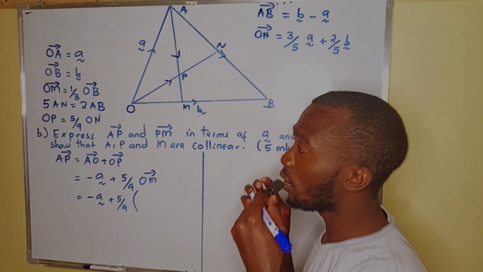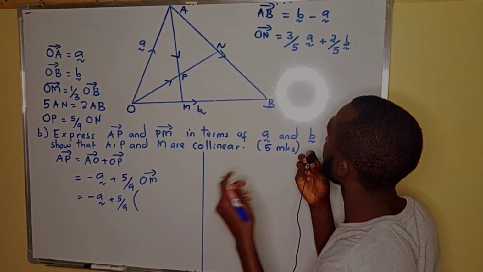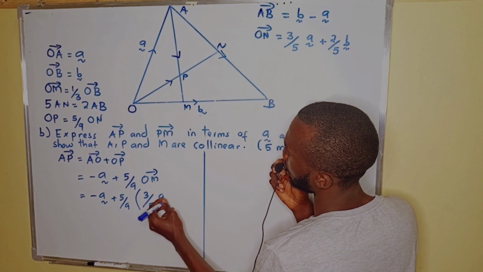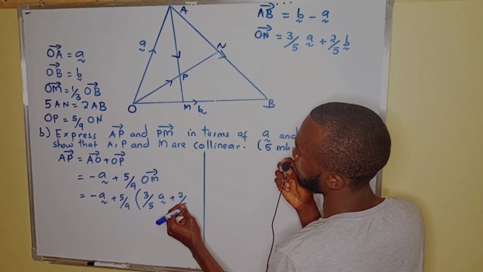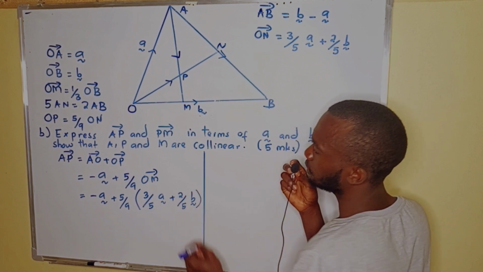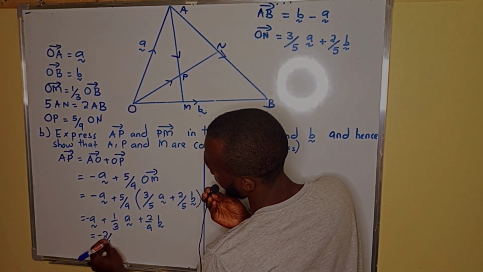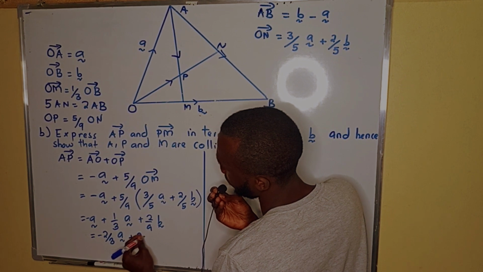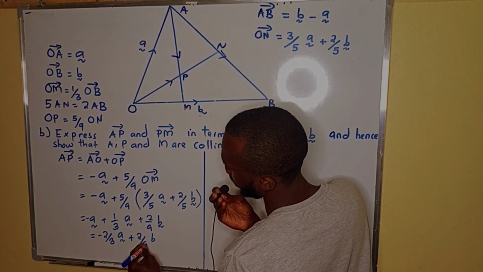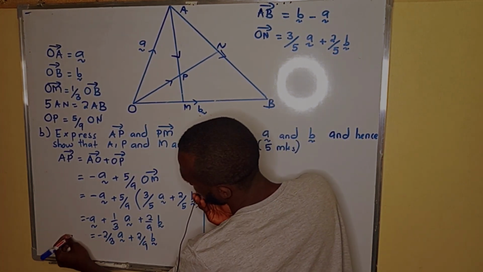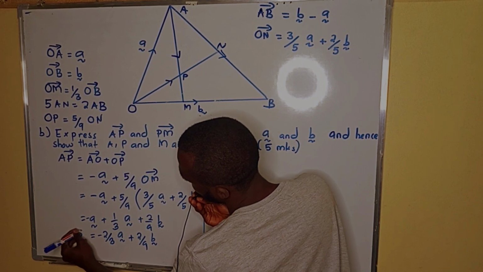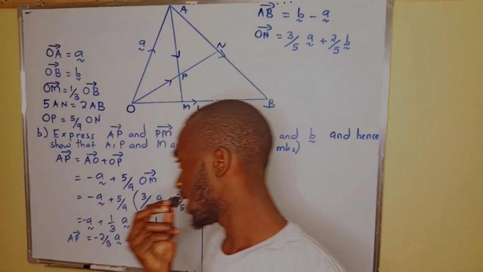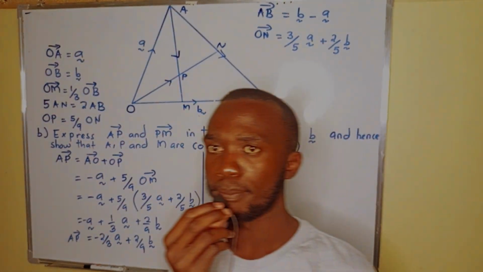We had already found OM, 3 over 5 A plus 2 over 5 B. So this is minus 2 over 3 A plus 2 over 9 B. So this is AP in terms of A and B. AP in terms of A and B is minus 2 over 3 A plus 2 over 9 B.